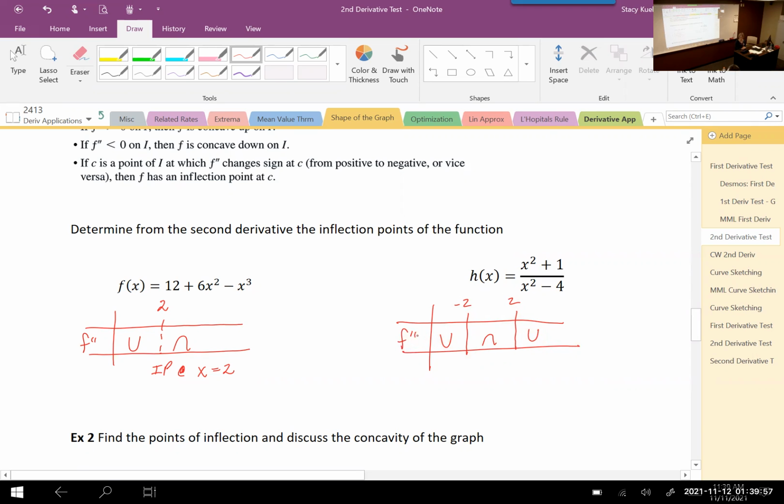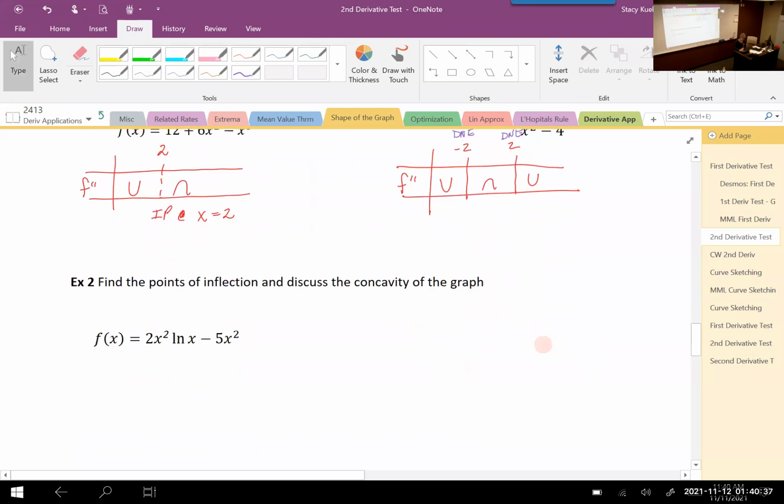Does the derivative exist there? The derivative does not exist there. So although we have concavity, we don't have an inflection point. You want to make sure that you're keeping track of whether or not the derivative exists at that point, because if it doesn't exist at that point, then our function isn't going to have an inflection point.